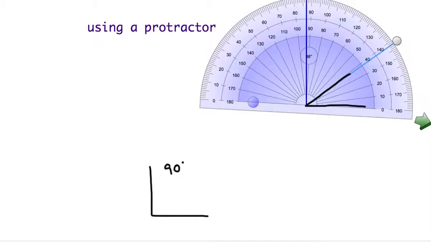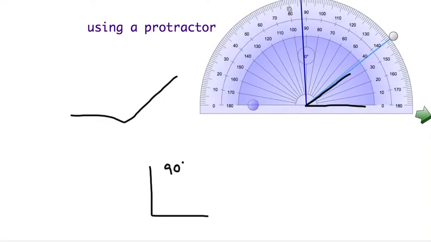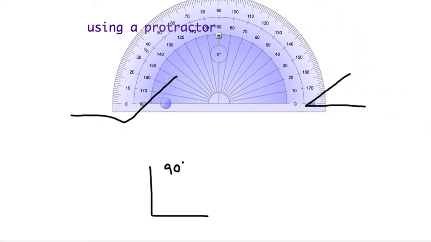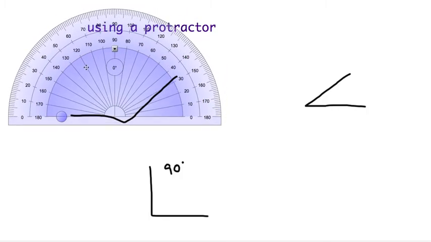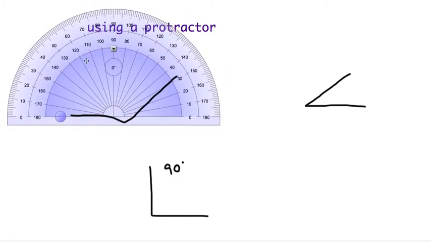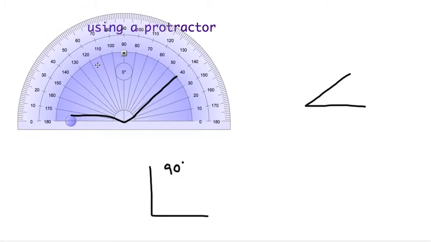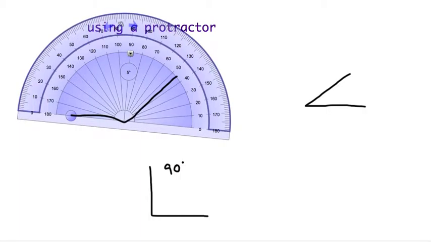We'll do one more, and I'll face it the other direction. So if I move my protractor and try to get it on the base right at the vertex, kind of as best as I can, pretending I had a nice straight line.